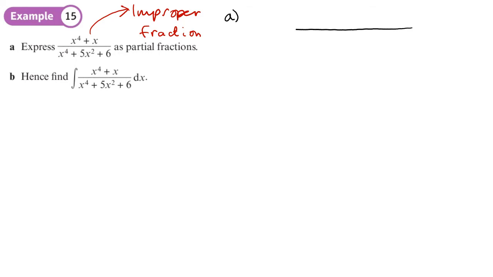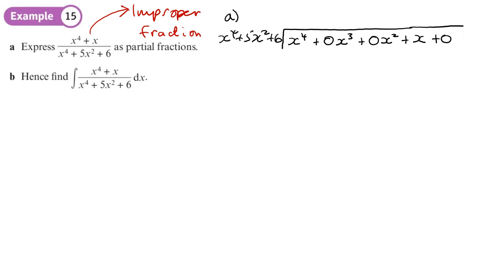It's totally up to you whichever way you do it. So I need to do x to the power 4 plus x, so let's make sure we stick zeros in, plus x plus 0, and that needs to be divided by x to the power 4 plus 5x squared plus 6.